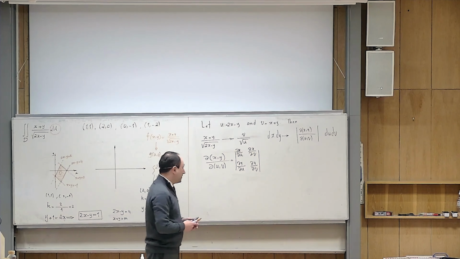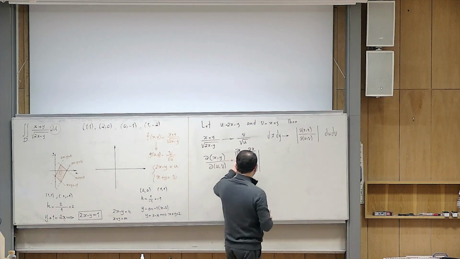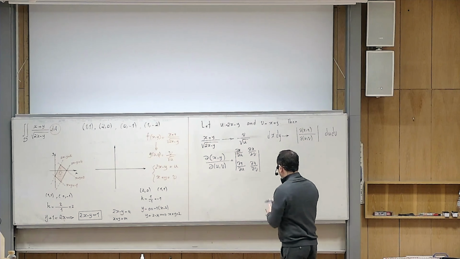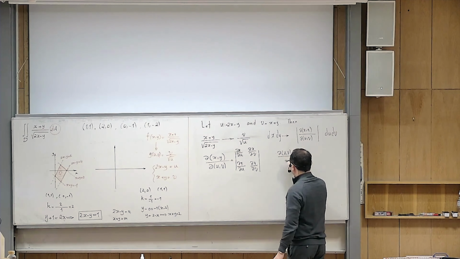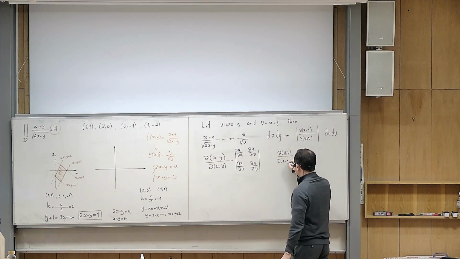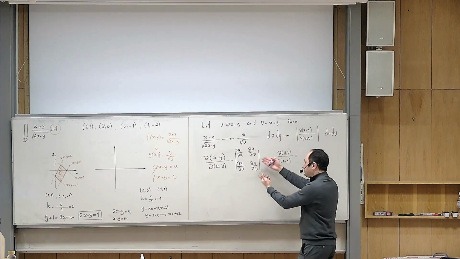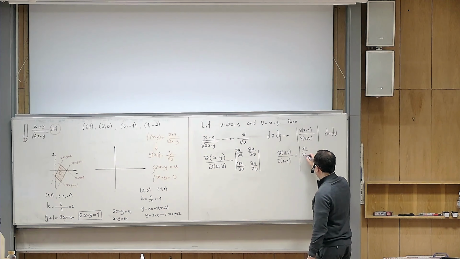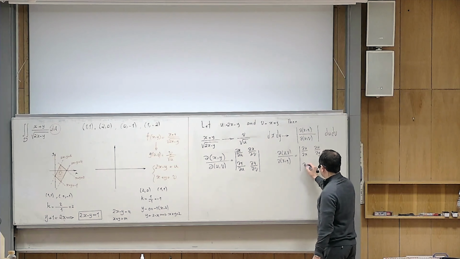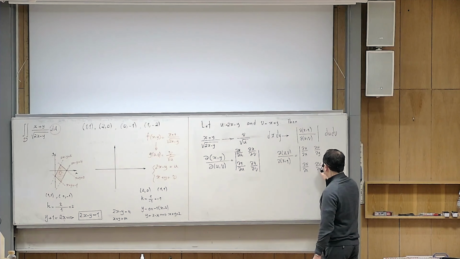function theorem. And it actually tells you that instead of doing this calculation, you can calculate the Jacobian of new variables with respect to the old ones, exactly defined in the same way, meaning that I take the partial derivative of u with respect to x, partial derivative of u with respect to y, partial derivative of v with respect to x, and the same for y.